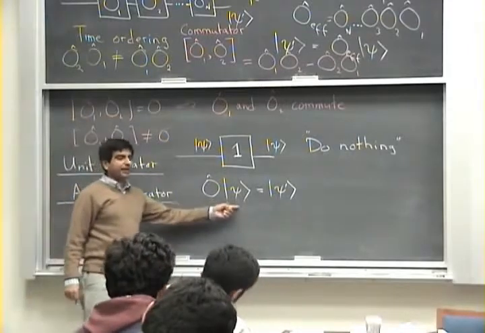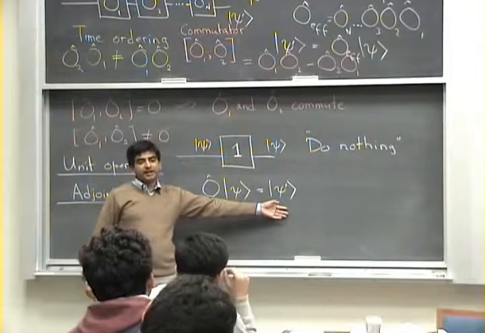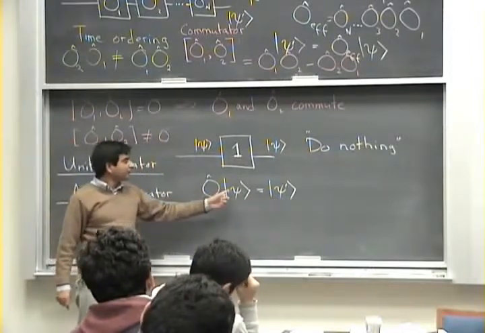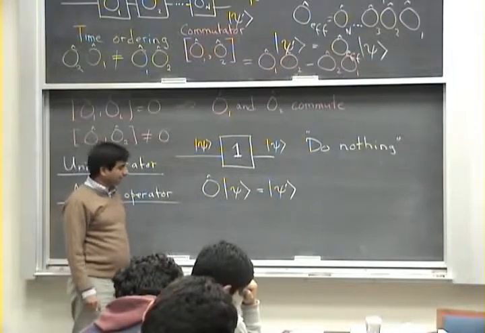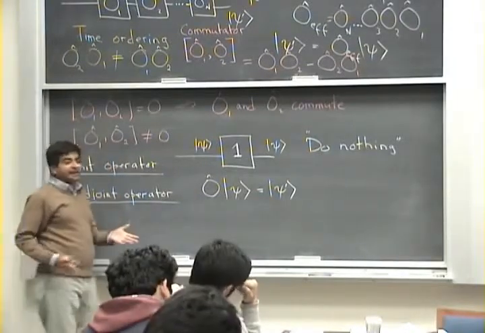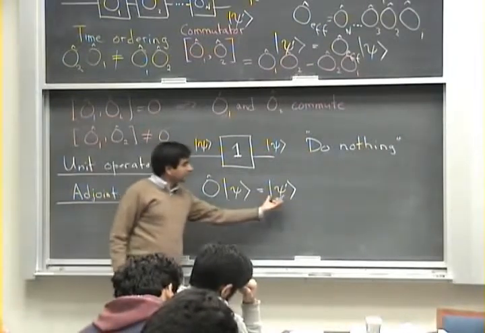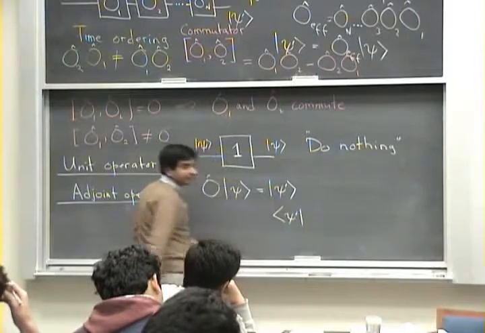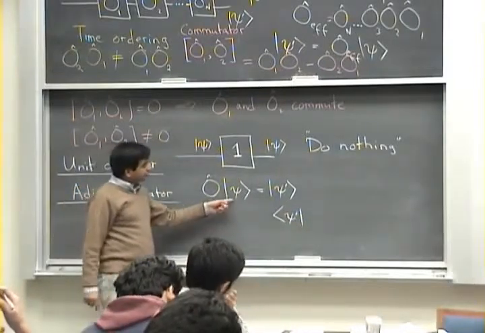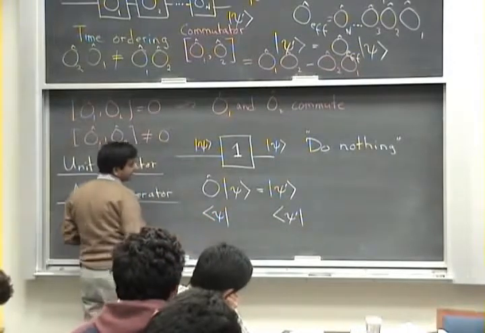So this is state psi, the operator acts on it and the output is psi dash. The state has transformed from psi to psi dash. Now every ket has a dual. That's the bra. So the bra for this, or the dual for this is bra psi dash. The dual for this vector is bra psi.